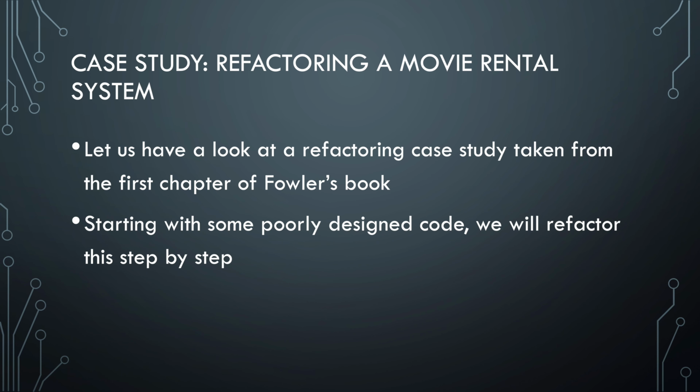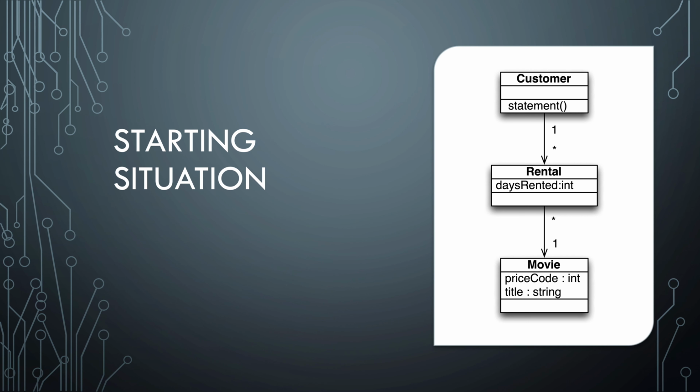Let's look at an example where we can apply the idea of refactoring. This example comes from the first chapter of Fowler's book. Initially, it's not that well designed, and we're going to refactor it step by step to improve the design. So here's the starting situation in a UML class diagram.